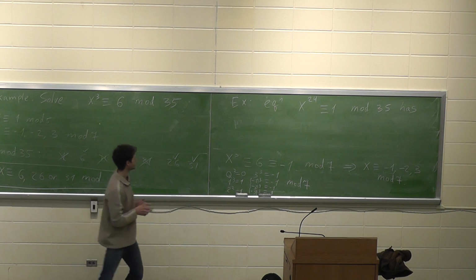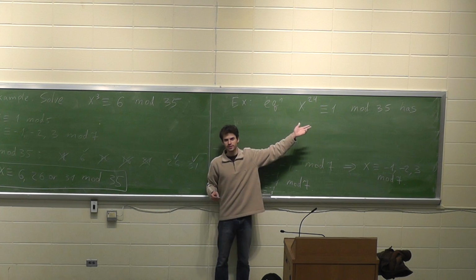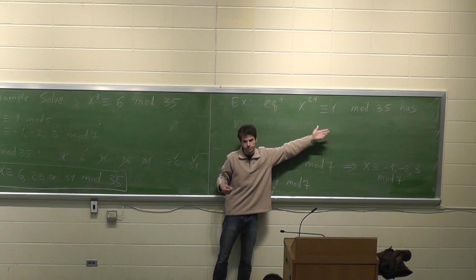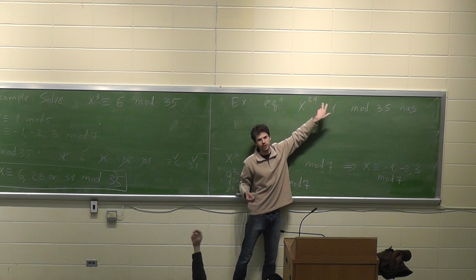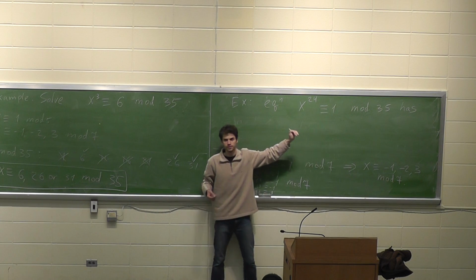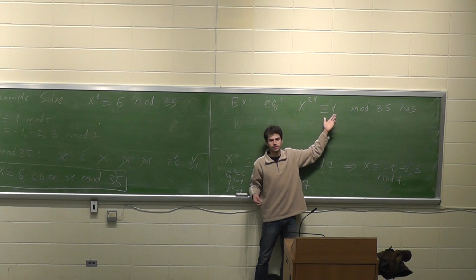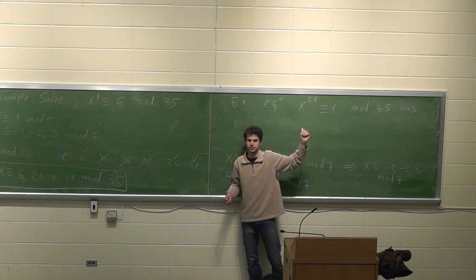Yes. So we know by Euler's theorem that any residue which is relatively prime to 35 raised to the power of phi of 35 will be equal to 1. So all the residues which are relatively prime to 35 will be solutions.